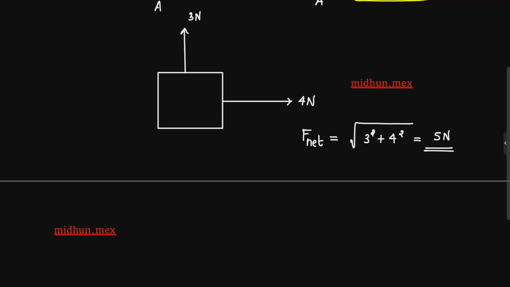Now, here in this figure, we need to find an angle also. If I extend the forces and mark like this, the diagonal will be our answer. And now we know this diagonal is 5 Newton. If you want to find this angle alpha, we can directly put tan alpha.